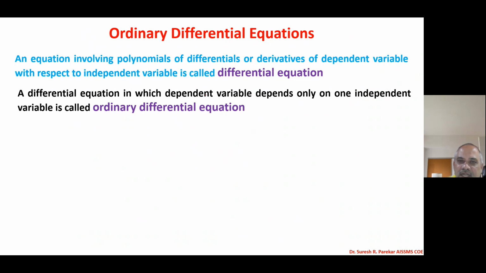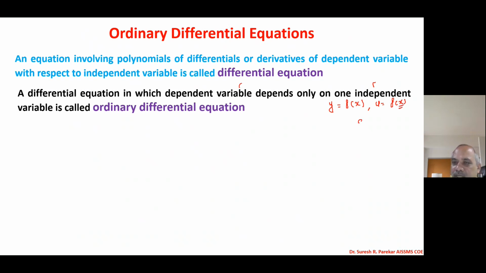A differential equation in which the dependent variable depends only on one independent variable is called an ordinary differential equation. Means there we have y is equal to f of x, then we have u is equal to f of x. You may have dependent variables 2, 3, but they depend only on one independent variable. So the independent variable we have is only x.